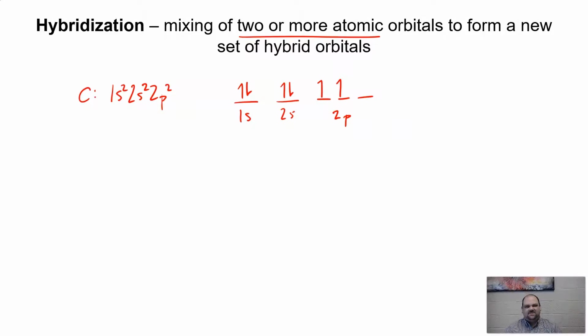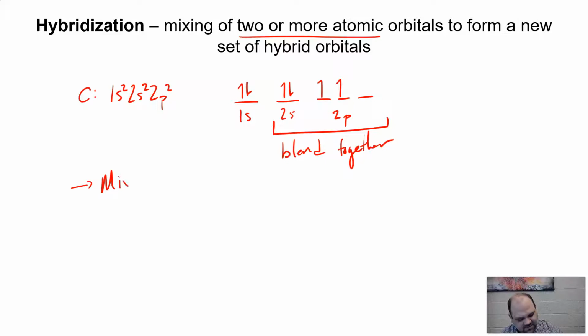The hybridization process says that we're going to take this and we are going to sort of blend these valence orbitals together so that we get some new hybrid orbitals. Okay? A few rules about hybridization. We mix non-equivalent orbitals. And so what that means is that we can't use two S's or two P's.